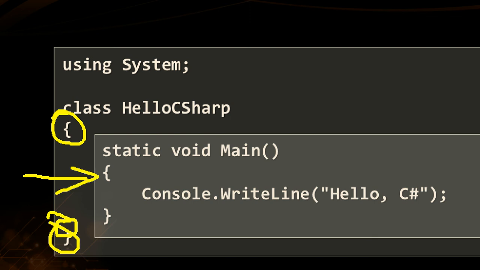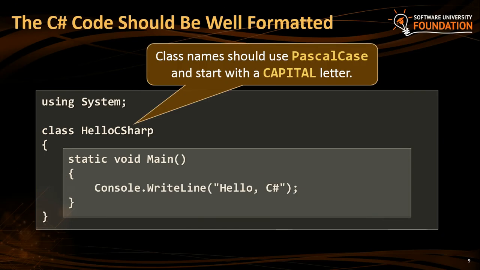Not with a single space or two spaces, but with one tab, the tab key. Okay? Please use Pascal case, the first letter capital, the second smaller, and the next word in capital.